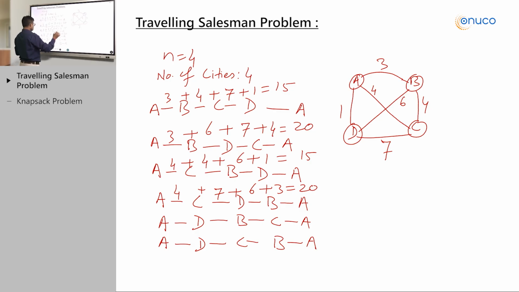That is 20. A to D is 1, D to B is 6, B to C is 4 and C to A is 4. 15. Similarly, A to D is 1, D to C is 7, C to B is 4 and B to A is 3.